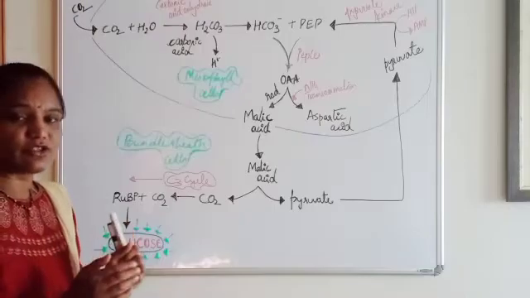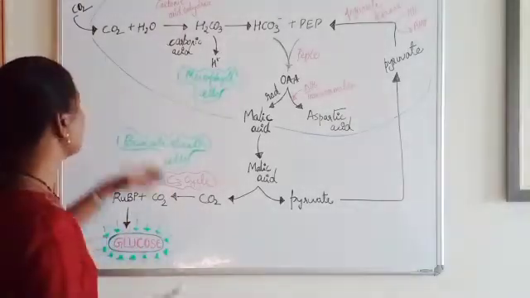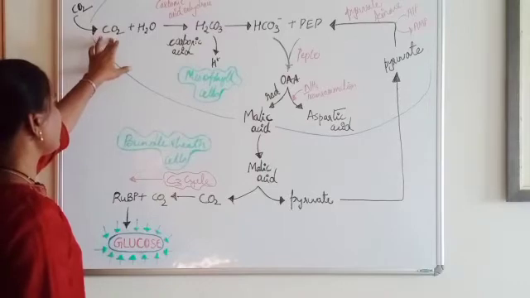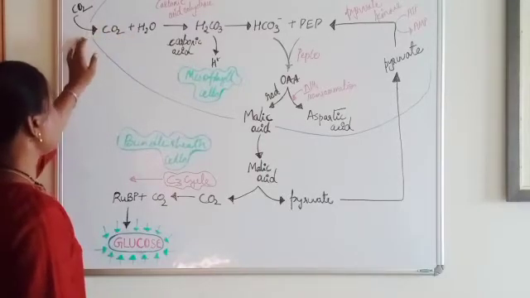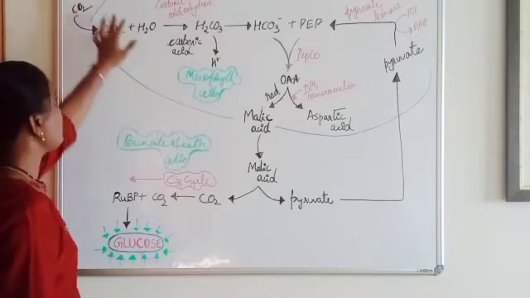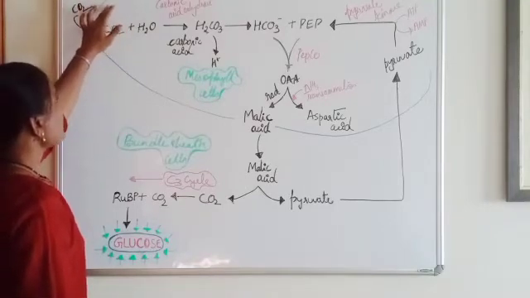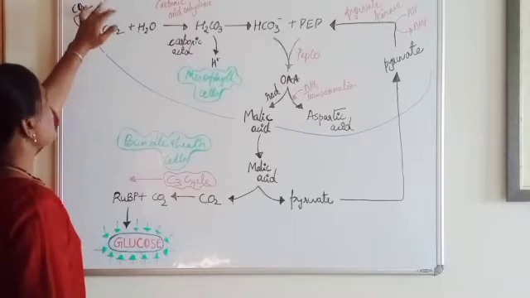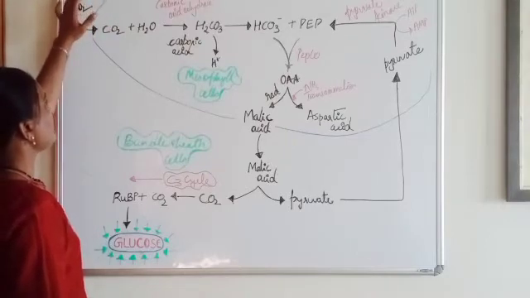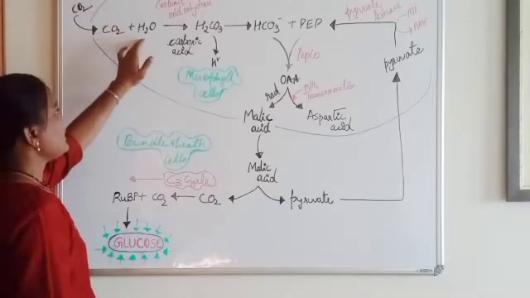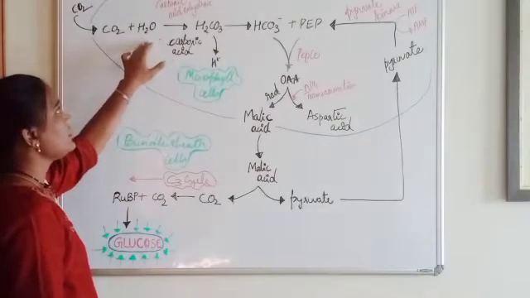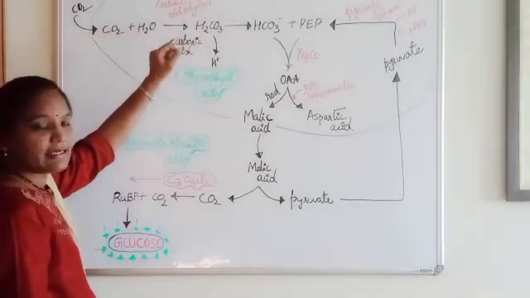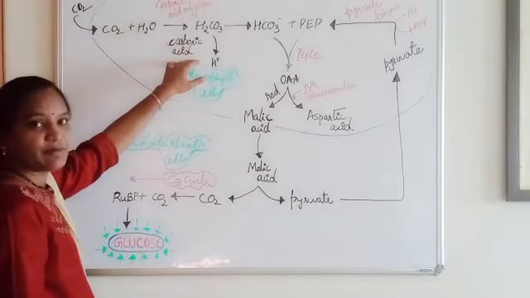So carbon dioxide will easily enter into your mesophyll cells from your epidermis. This blue part is your epidermis, the outer part. From here, carbon dioxide enters the mesophyll cells, where it reacts with water in the presence of the carbonic anhydrase enzyme to form carbonic acid.